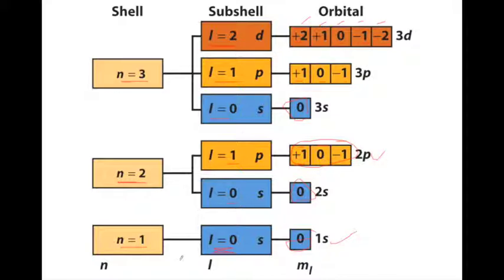So for n equals 1, the first shell, there's one subshell, and that subshell contains only one s orbital. For the second shell, we have one s orbital and 3 p orbitals. For the third shell, we have one s orbital, 3 p orbitals, and 5 d orbitals.